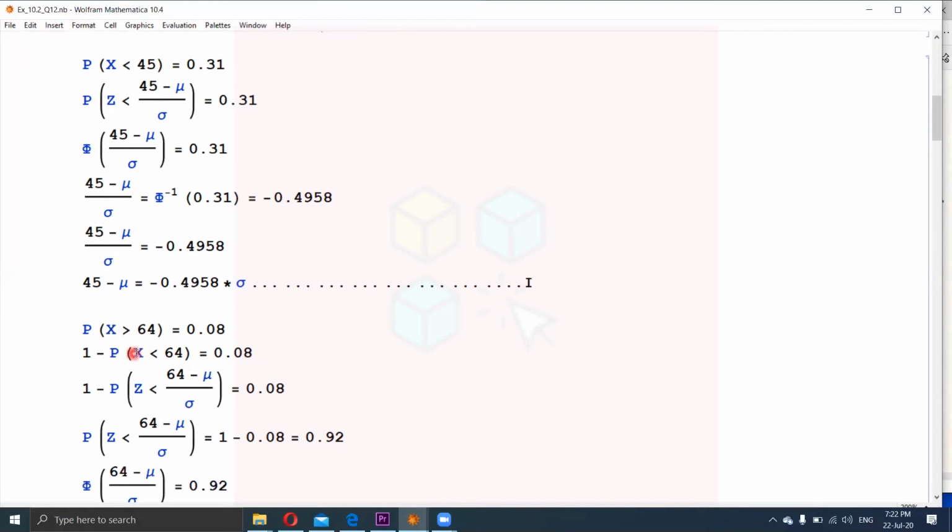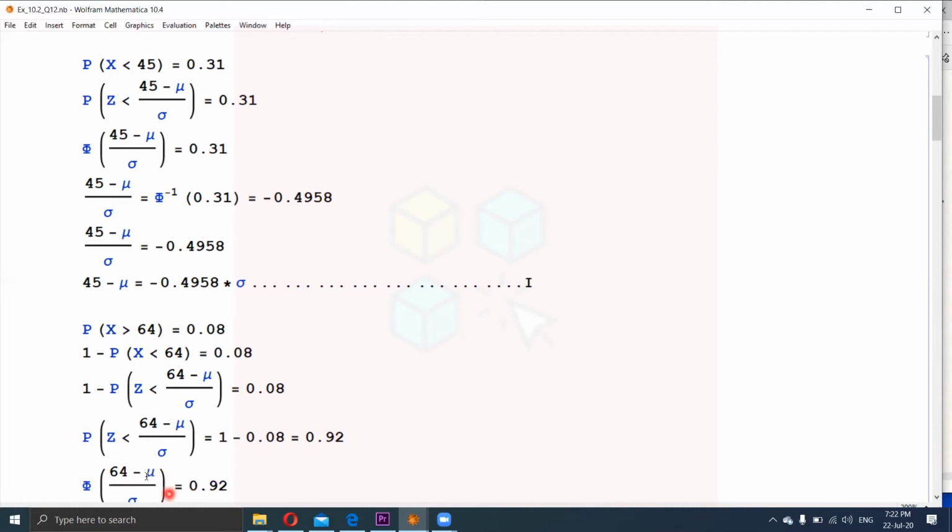Then x is normally distributed and converted into the z-score, so its z-score is 64 minus mu over sigma. In the next step, the 1 will come on the right hand side, so the result is 0.92, and probability z less than this is written in terms of capital phi of the z-score.